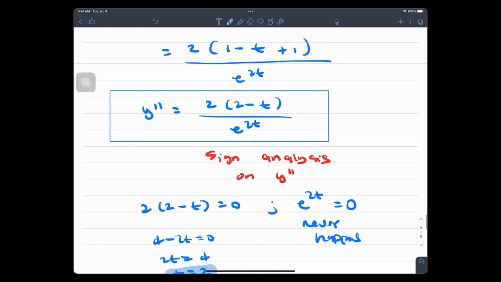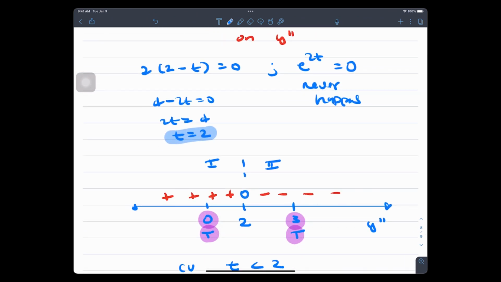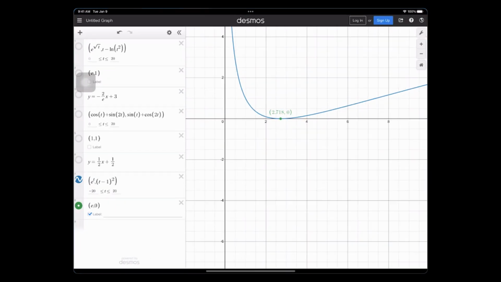Okay, so we're looking at the second derivative here. Hopefully we did our algebra okay. I hope we did. But if I go back to Desmos now, there's an issue about my t value. You guys know what we're saying? This curve is concave up everywhere.